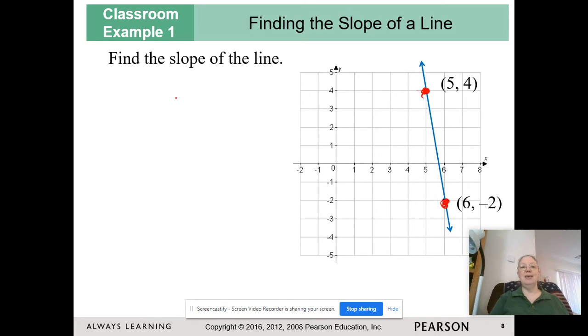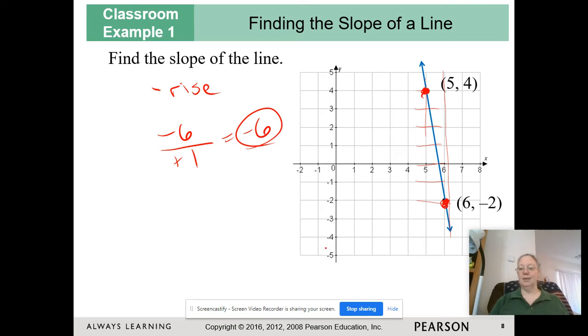So that will give me a negative rise, because I'm going down. So 1, 2, 3, 4, 5, 6. I'm going down 6. And then how many am I going to the right? I'm going 1 to the right. So that would be a positive 1. Slope would be -6.